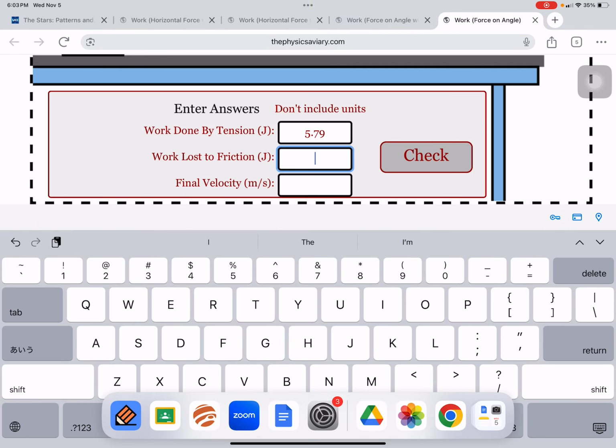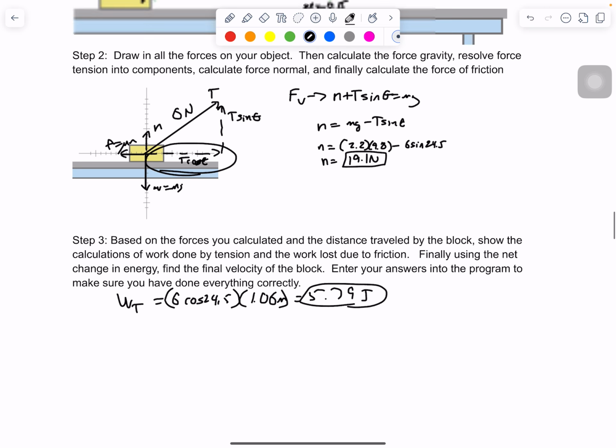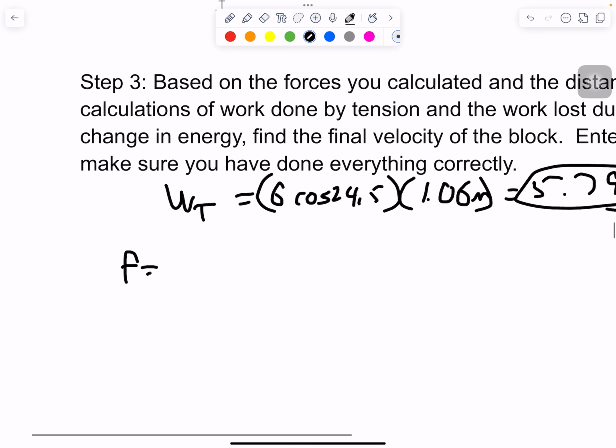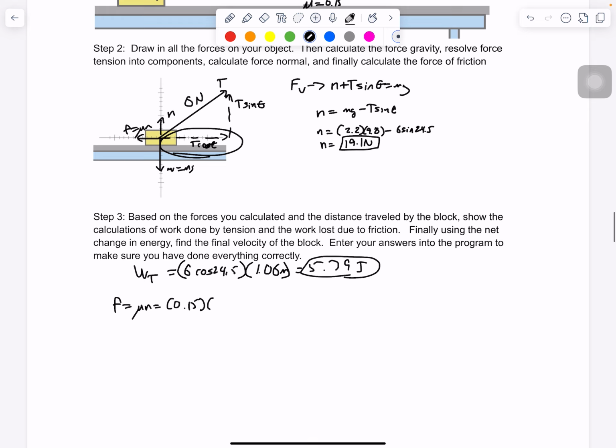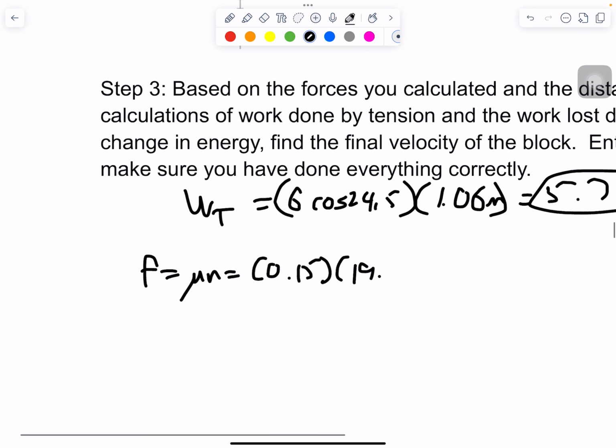Okay, work lost due to friction. So we found the normal force. The friction force is going to be mu times normal force. So in my case, 0.15 times 19.1. Okay, about 2.87 newtons.